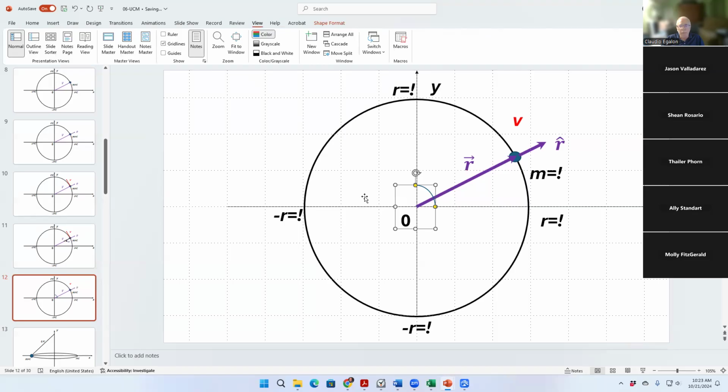Grid lines, yeah. Like that. Here you go, theta coordinate right here.